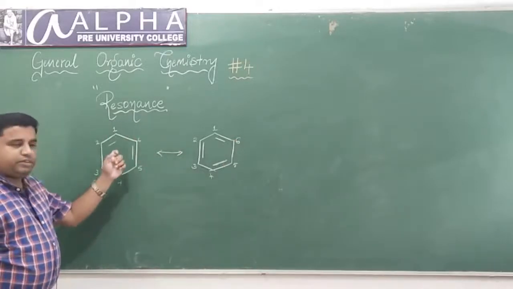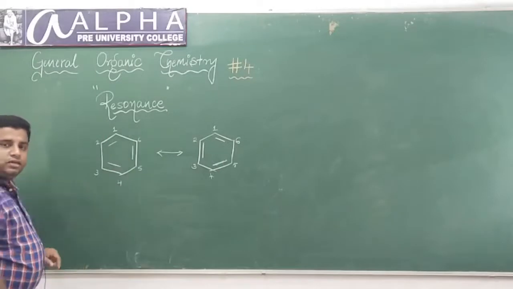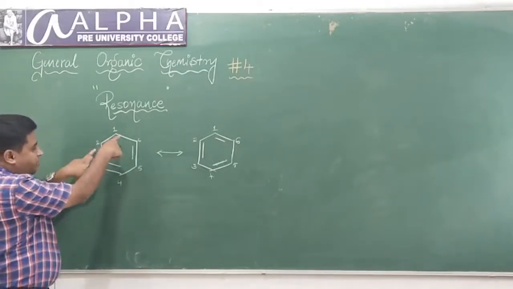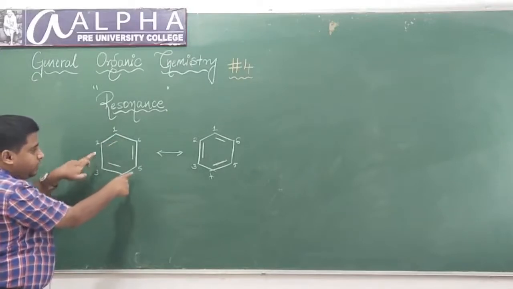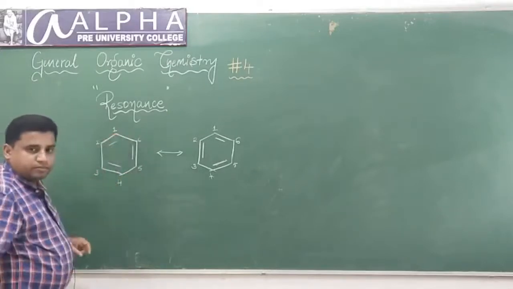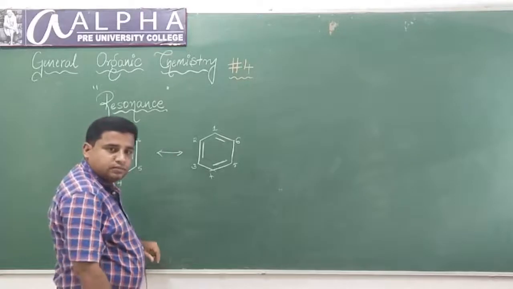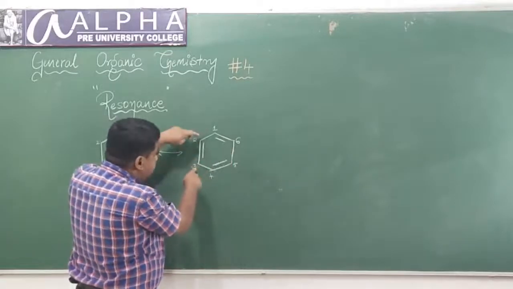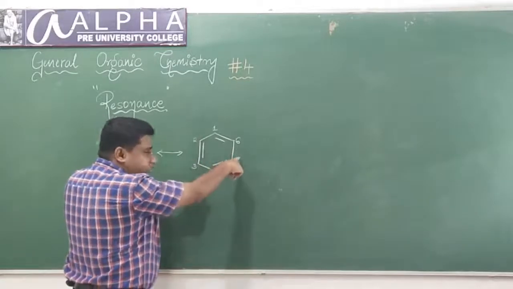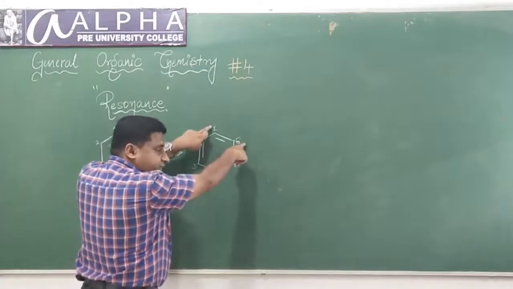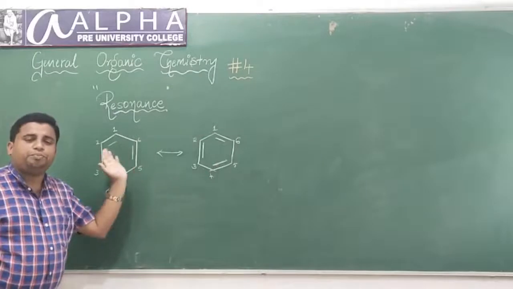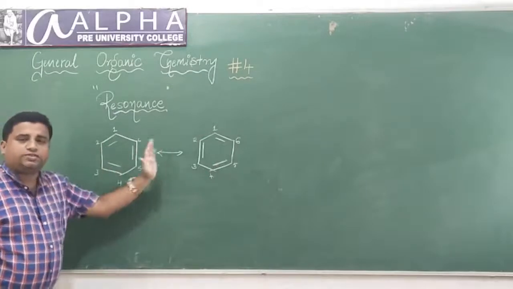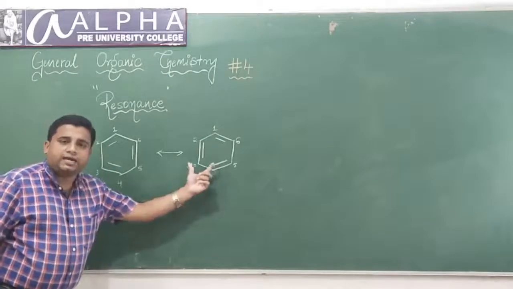Here there is a double bond between first and second carbon, third and fourth carbon, and fifth and sixth carbon. Whereas in this structure, there is a double bond between second and third carbon, fourth and fifth carbon, and first and sixth carbon. There is just a shift of the pi electrons, just a shift of the double bonds between this structure and this structure.